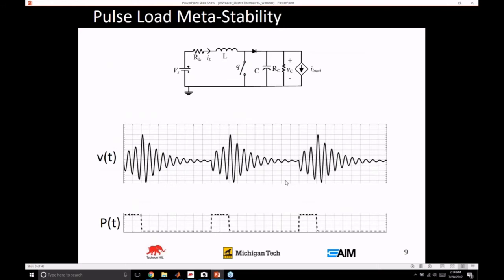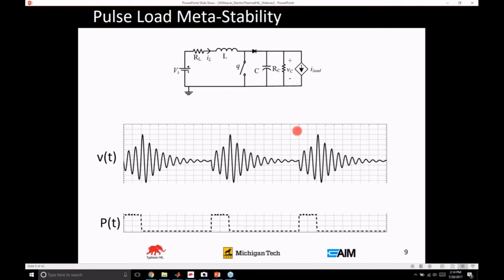So what I mean here is that if I go back to this simple boost converter network, and for that nonlinear load here, if I hammer that with a pulse load demand, what I might get is something that looks like the bottom. So the pulse, that current source, is giving me a pulse of power, and that's going to ring the voltage on that capacitor, that bus, essentially.